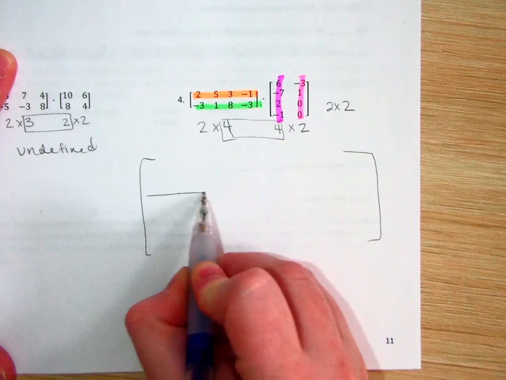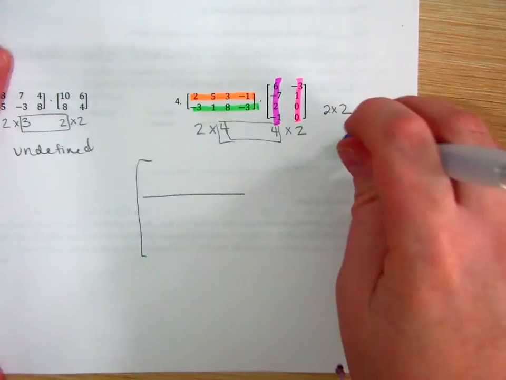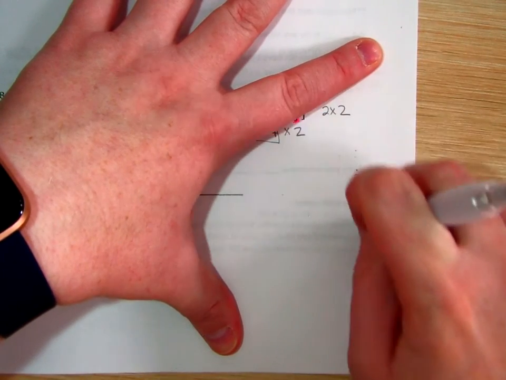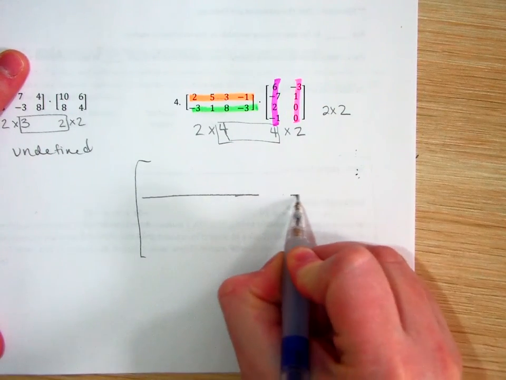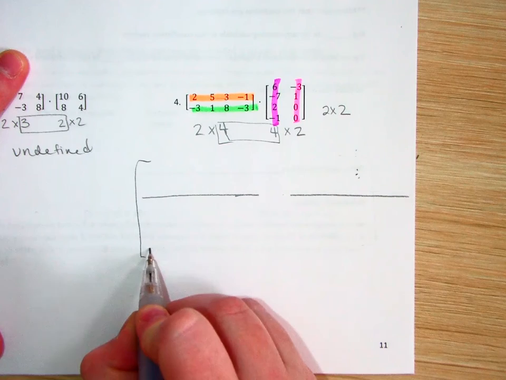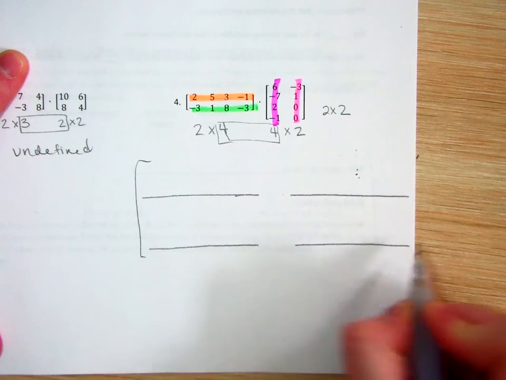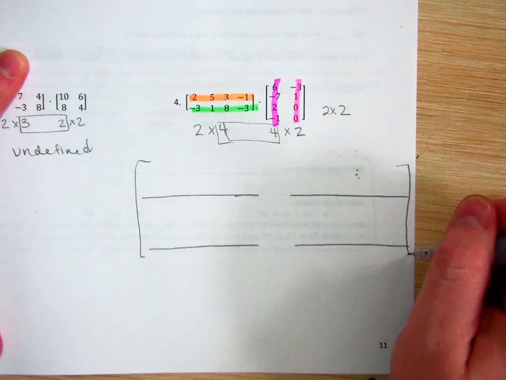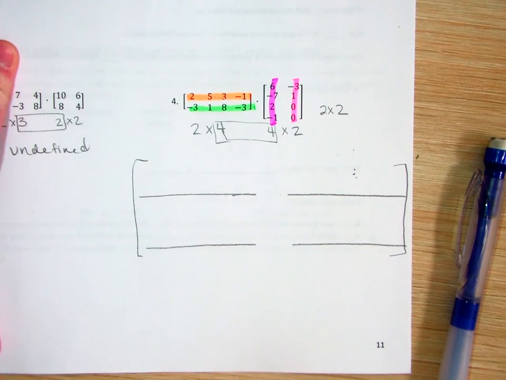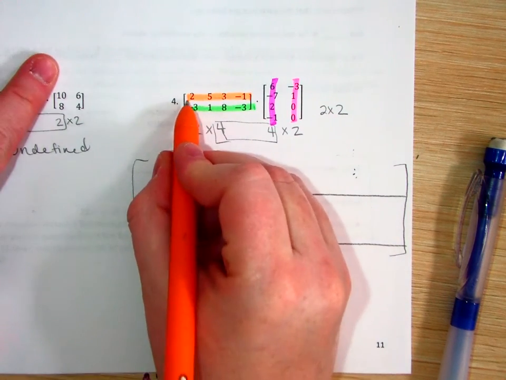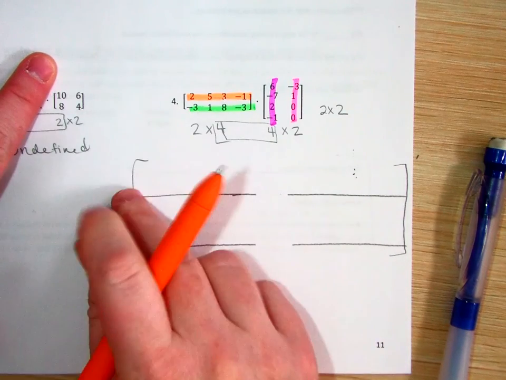So I have a 2 by 2. The biggest thing you have to know with this is that my row 1 numbers go in row 1.